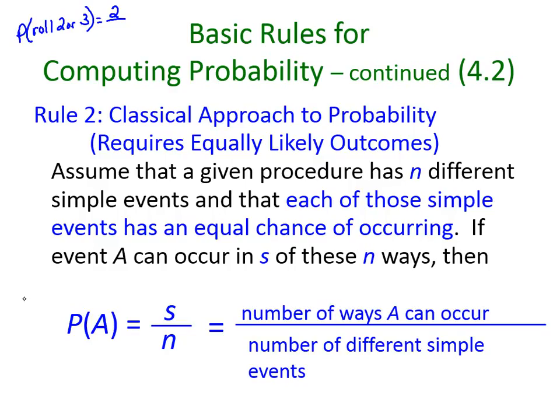There are 6 different options. So the probability that I'm going to roll a 2 or a 3 is 2 out of 6, or 1/3 of the time I would anticipate rolling a 2 or a 3. That's just looking at the classical approach. You're looking at each event being equally likely, and then you just count how many ways you can get that out of how many different options there were, how many different simple events we could have had.